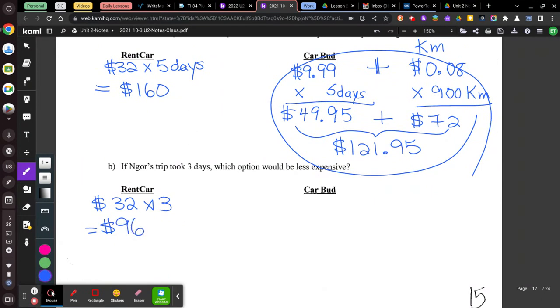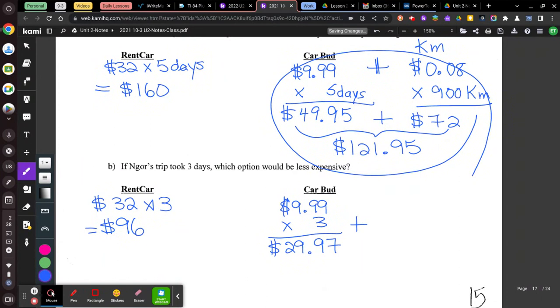And now CarBud, we have to go $9.99 times 3 days, which is $29.97.